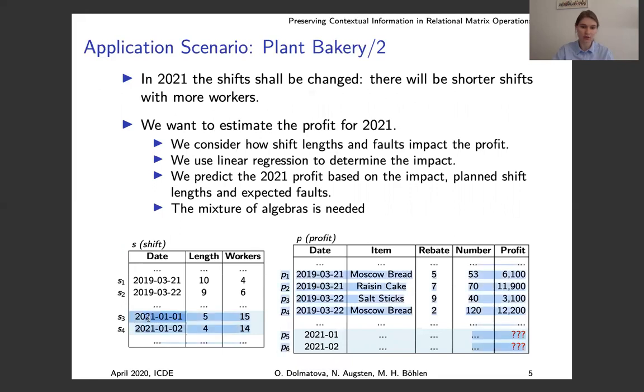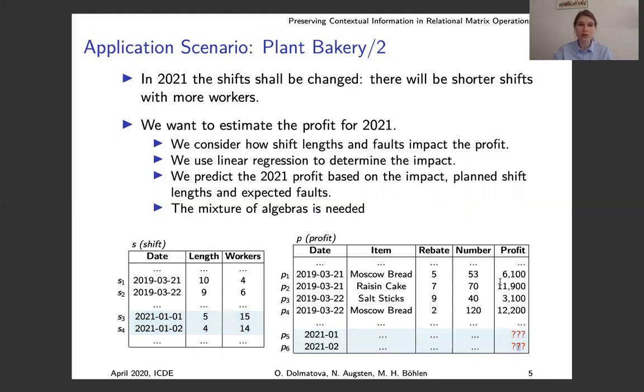Please look at the tuples S3 and S4, and you see that the number of hours is increased and the number of workers decreased and increased. The task is to predict the monthly profit in the year 2021, taking the adjusted schedule into the consideration. So basically, we want to find the values in those cells with the question marks.